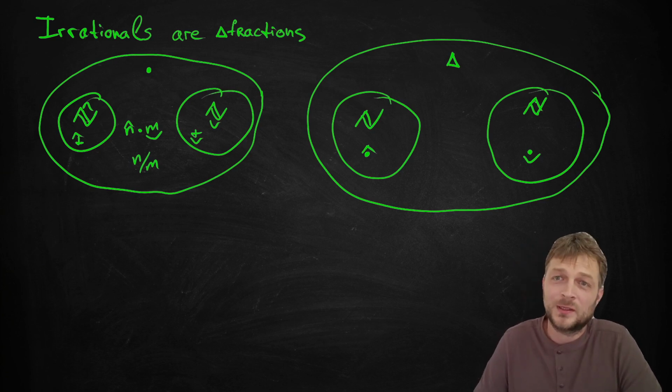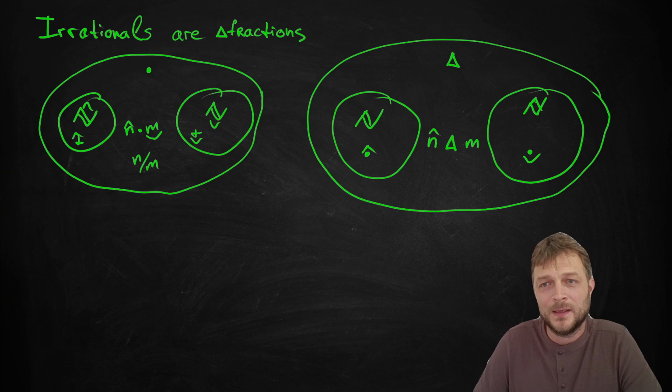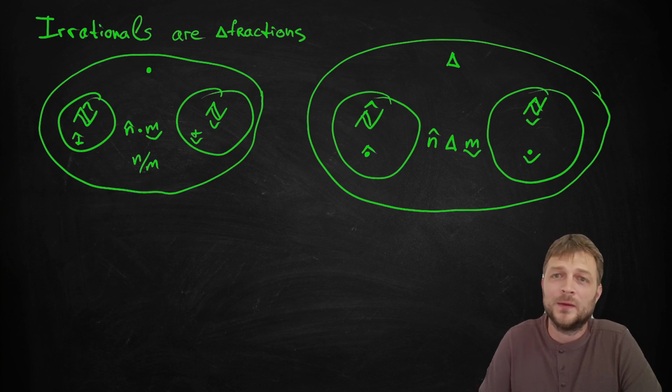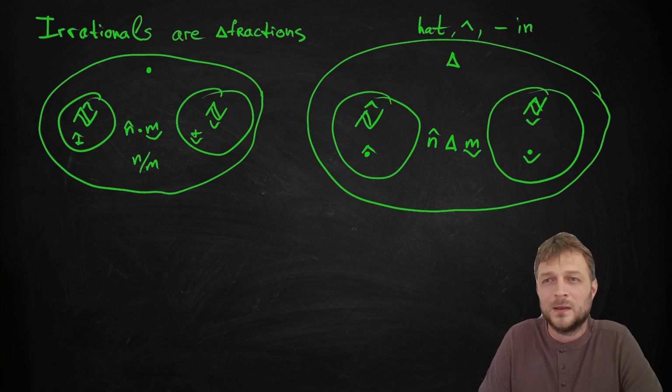and objects here inside will look like n and m, but here on the left consider a hat. Let me write here a hat in the triangle sense.